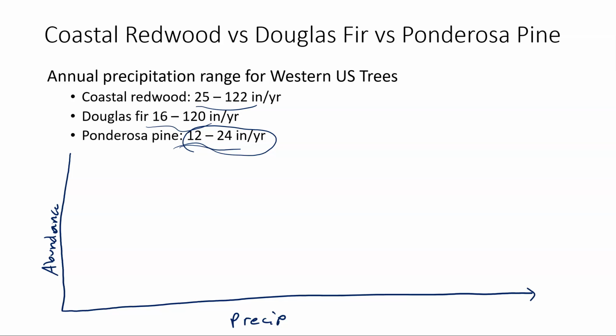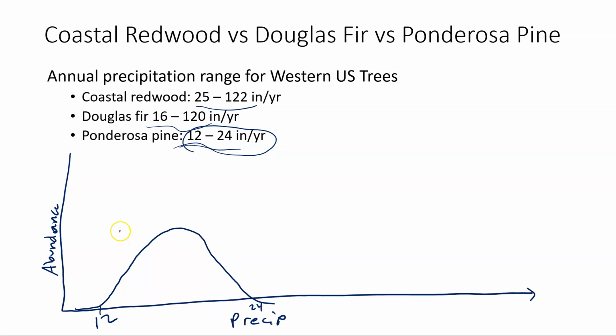So if I was to draw an ecological tolerance curve, anywhere we're going to go from 12 inches. So let's put our 12 there, for example. All right, that's not working for some reason. There we go, 12. Our curve is going to look probably something like this, right?